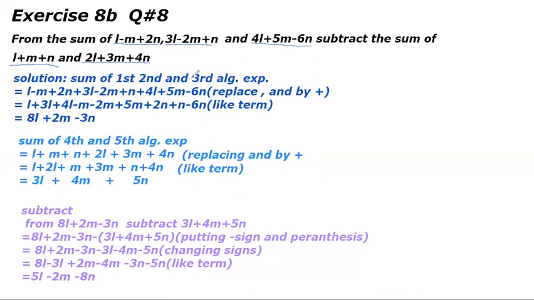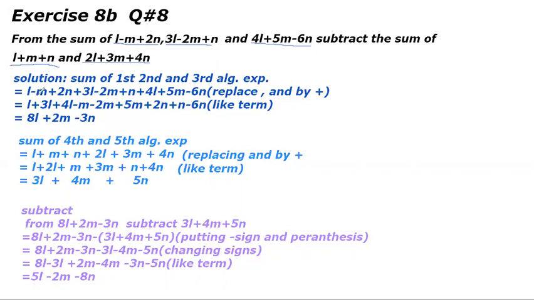Sum of first, second and third algebraic expression. Now you can see in the parentheses I have written whatever I have done in the first step: replace comma and 'and' by plus. What does this mean? Replace comma and 'and' by a plus sign. You can see that this is the first algebraic expression and this is a comma.